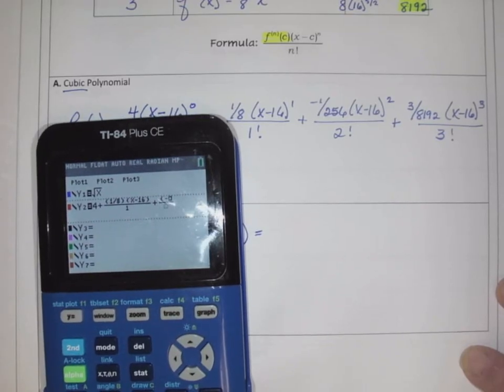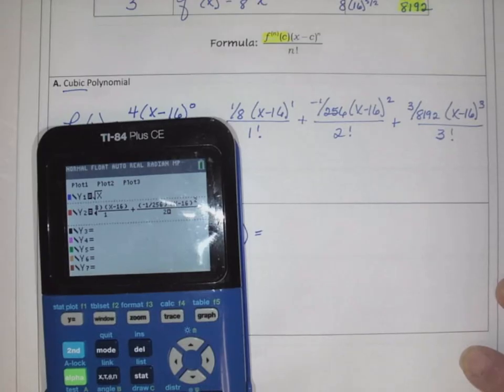So negative 1 over 256 times (x minus 16) squared over 2, plus, and I'm going to do my last fraction, 3 over 8192 times (x minus 16) to the third over 6.